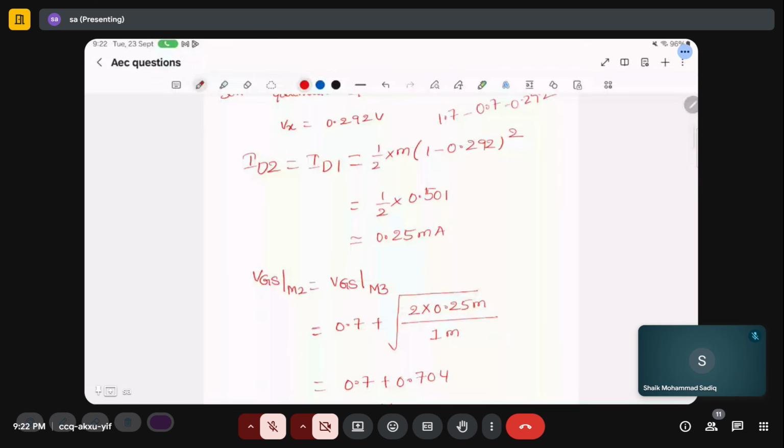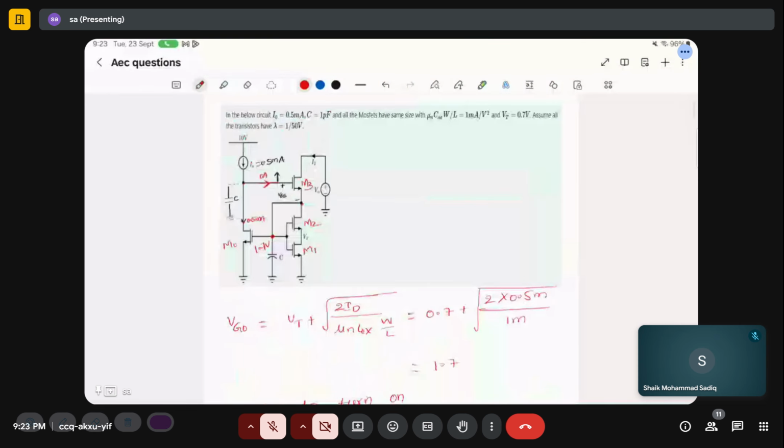So you will get a current of 0.25 milliamps. So 0.5 milliamps current is flowing here, and in this branch 0.25 milliamps of current is flowing.